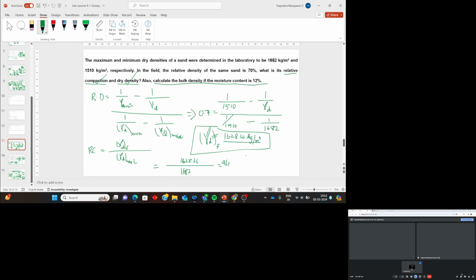You know gamma bulk is equal to gamma d into 1 plus w. 1628 into 1 plus 0.12. How much are you getting?